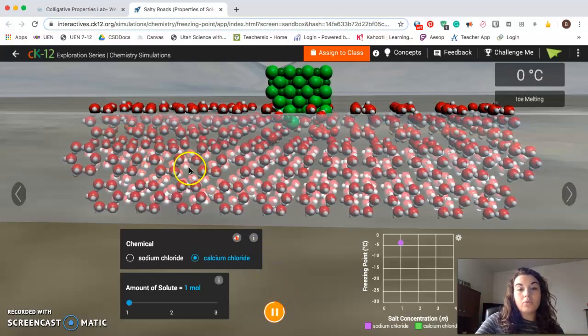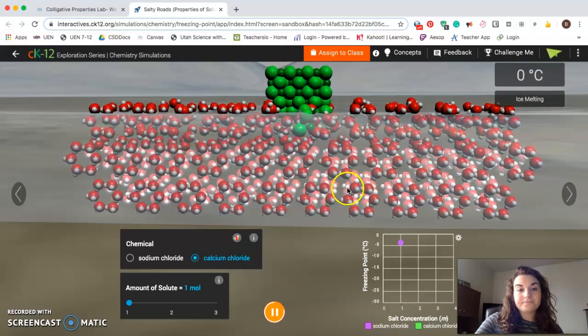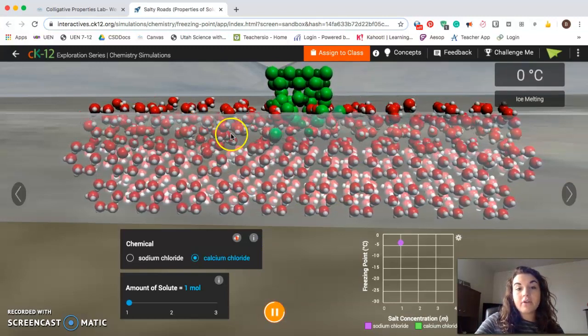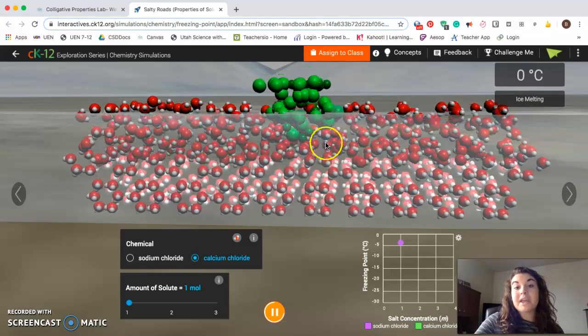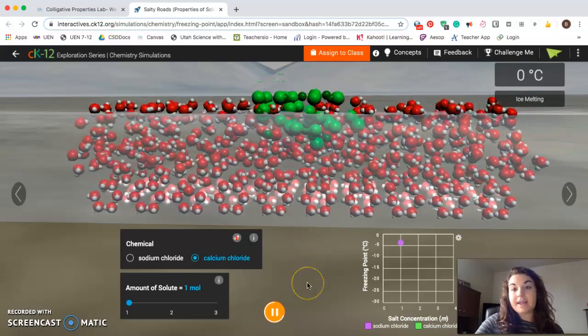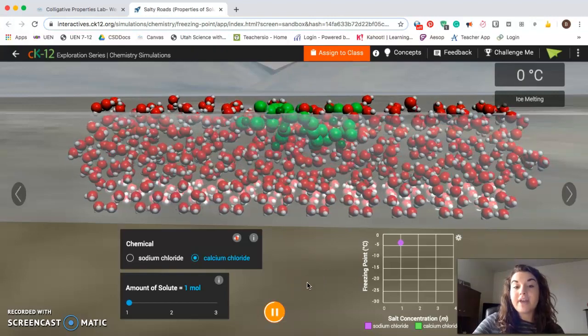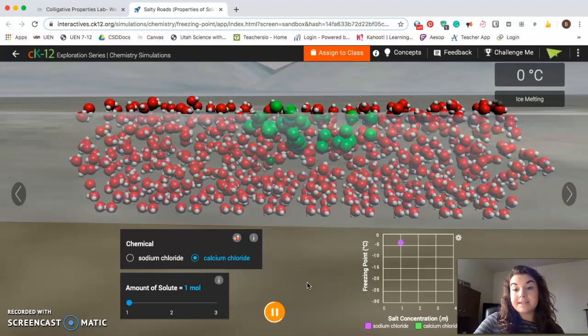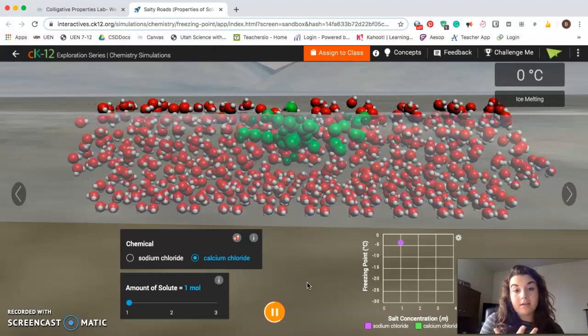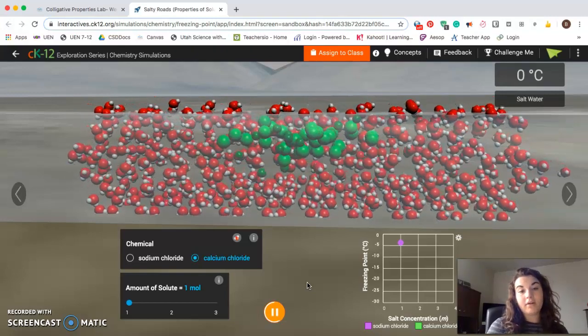As you see here, the water was frozen at first, and then it starts to move around as it starts to interact with the calcium chloride. It's moving faster and faster and faster because it's melting because of the calcium chloride.